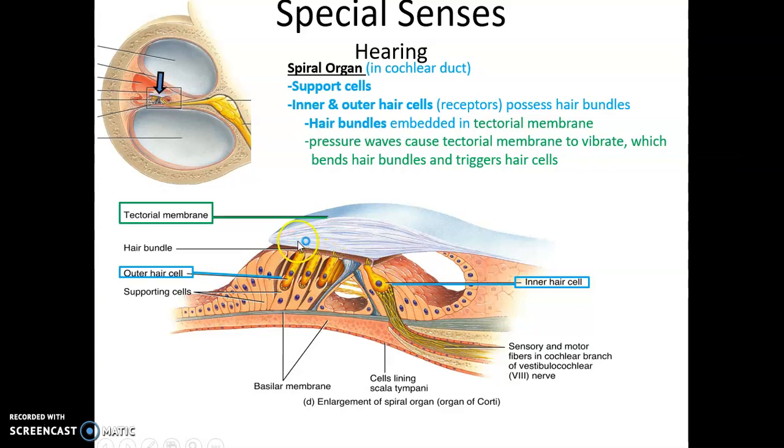They all have these little hair bundles that protrude upward and are embedded in the tectoral membrane. And so when pressure waves come down and hit the tectoral membrane, it causes it to vibrate. This bends the hairs of the hair cells, and by bending the hair bundles, that is the signal. That is the signal that gets transmitted to the sensory neuron.